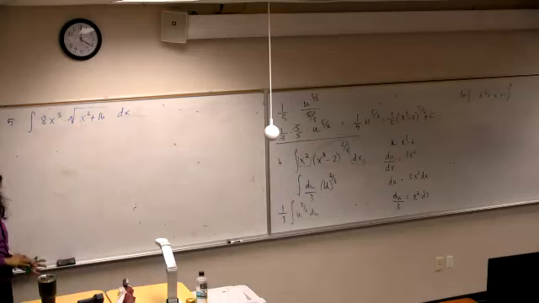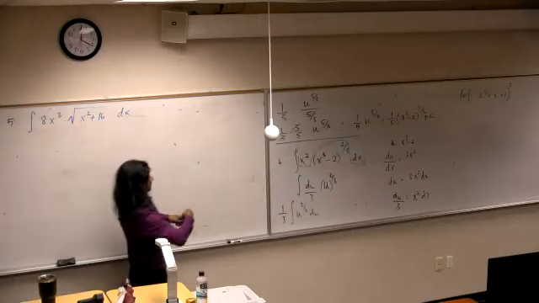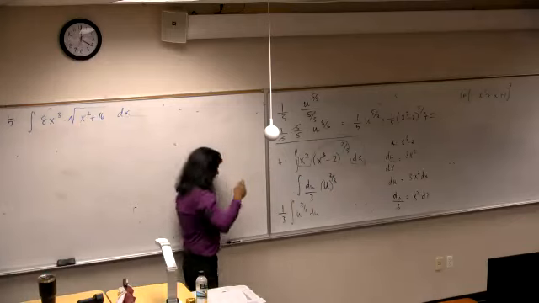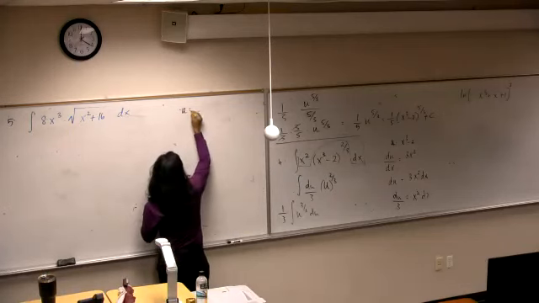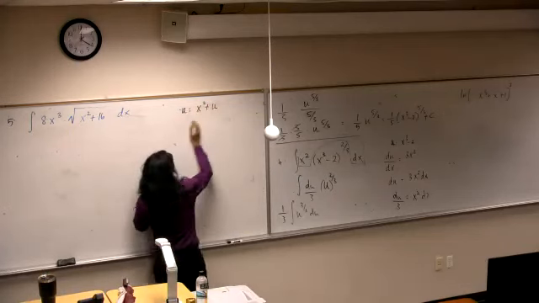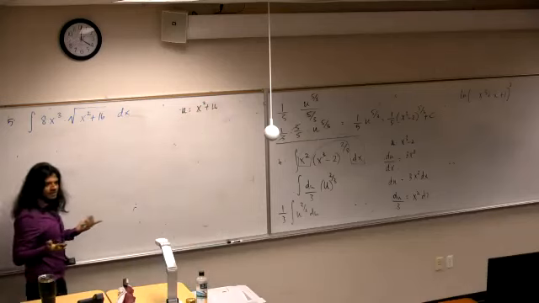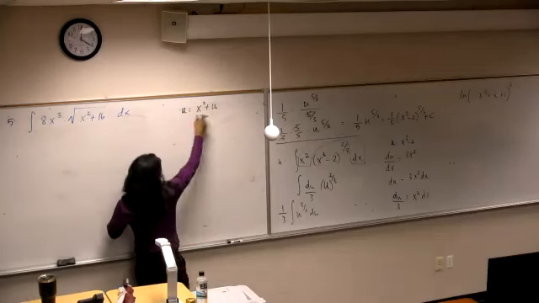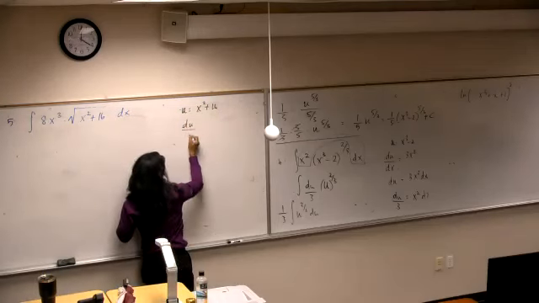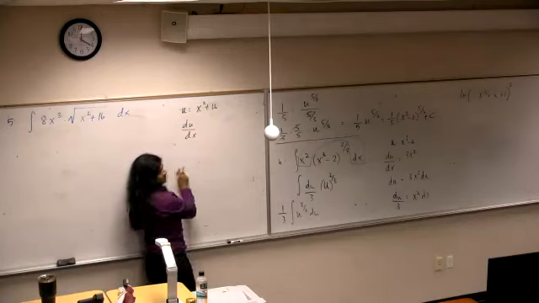Yes? Last problem, things worked out nicely. So you do a problem like that and your brain says, oh, why don't we just pick u to be x squared plus 16 and go from there? Yes, rational thought process. So what is du over dx? 2x.